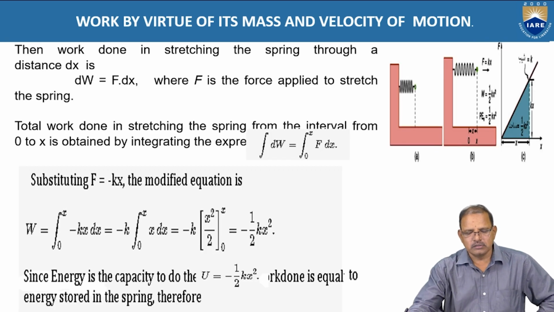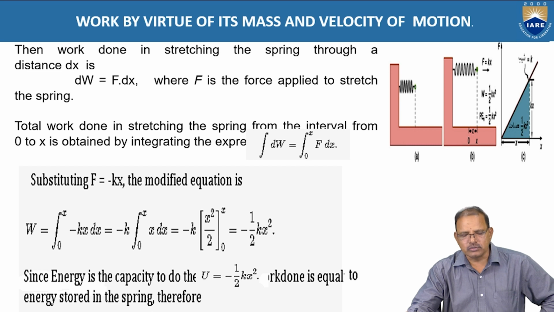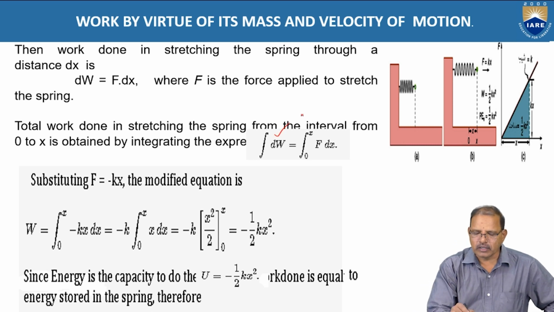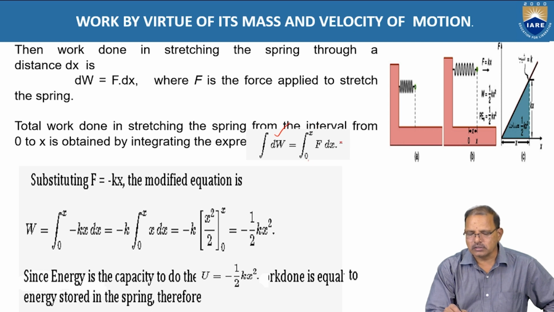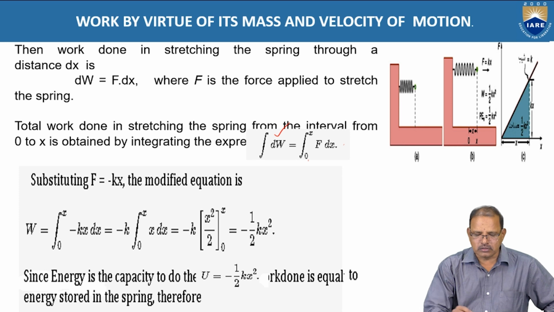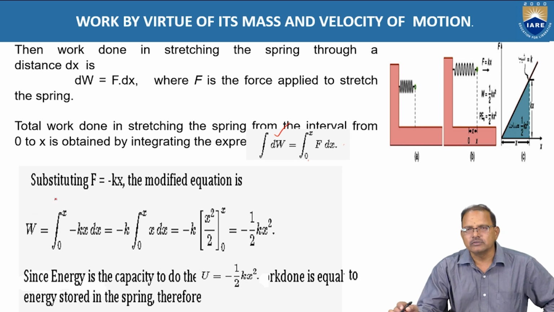Okay, the work done in stretching the spring from initial position 0 to a displacement of x is given by work done is equal to the integration from 0 to x of F dx.